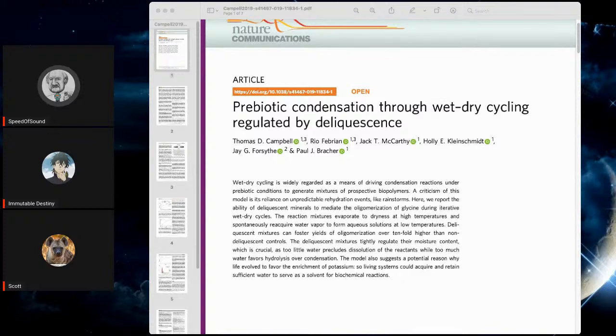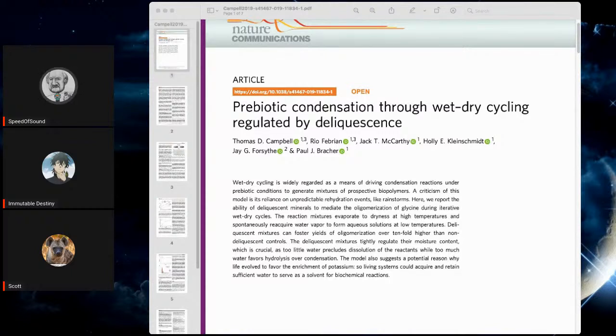Deliquescence: formation of a solution by the absorption of moisture from the air. Wet-dry cycling is widely regarded as a means of driving condensation reactions under prebiotic conditions to generate mixtures of prospective biopolymers.